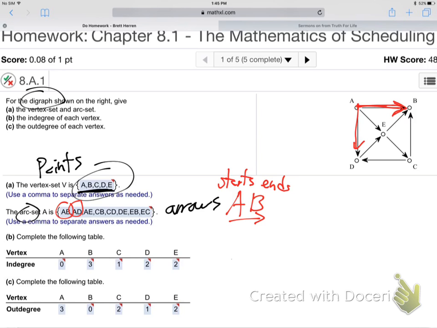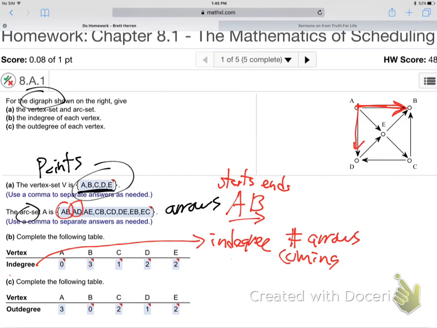Now, let's talk about vertices and their in degree. This will all have real life significance in a little bit. In degree means the number of arrows coming in to that point.